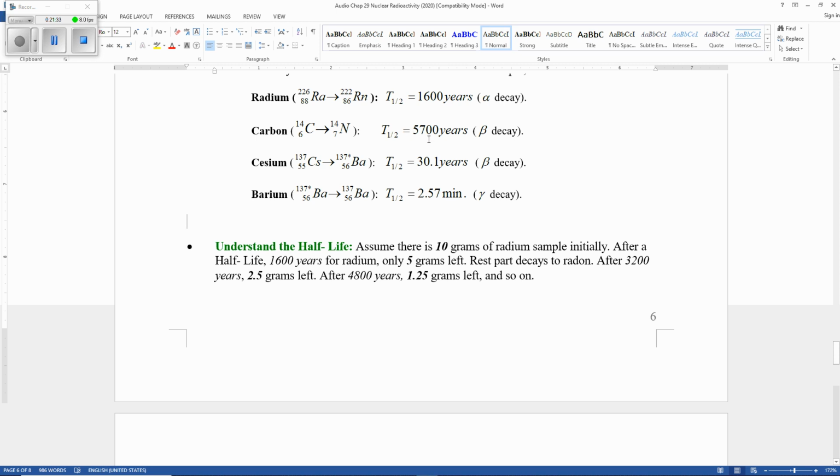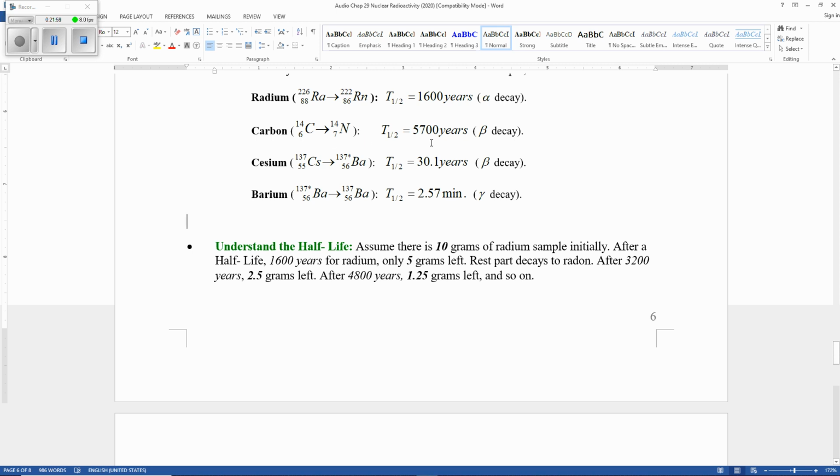So when an animal died, well, they're not eating anymore. Then in the bone of the animal, the decay starts. So every 5,700 years, the carbon 14 is going to reduce to half.